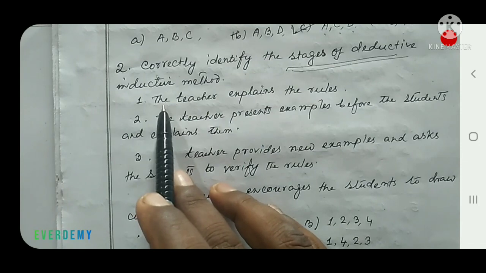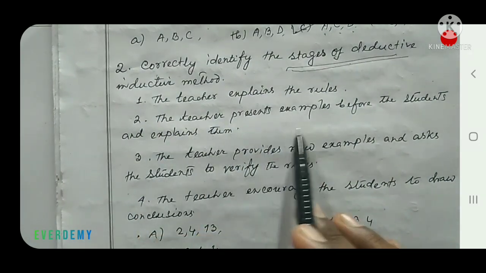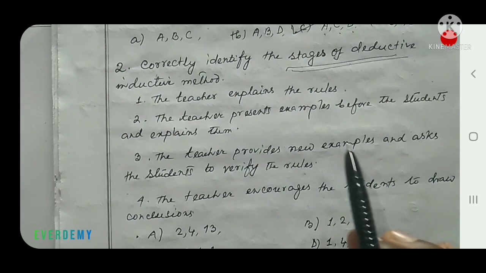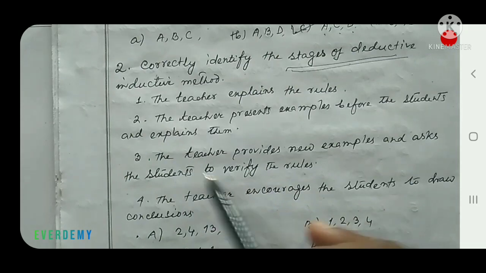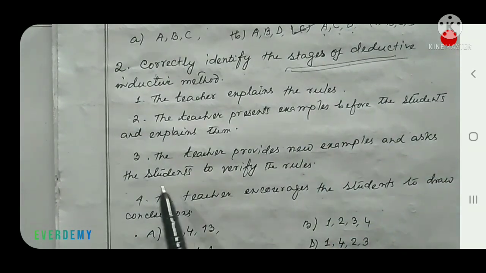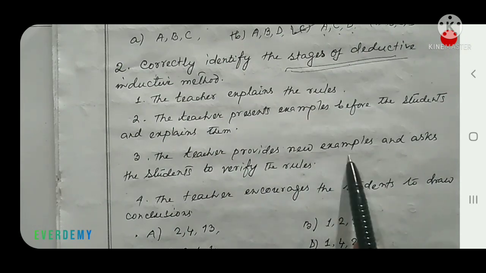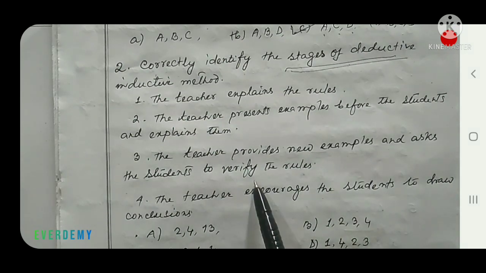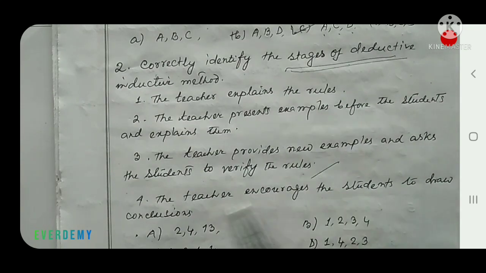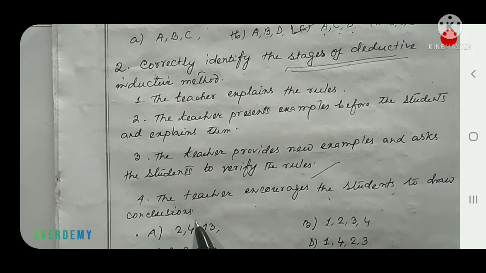In deductive method, the teacher explains the rules first, then presents examples before the student and explains them. So 1 and 2 are the stages of deductive method. And in inductive method, the teacher first gives new examples and asks the student to verify the rules. The teacher encourages the student to draw conclusions.